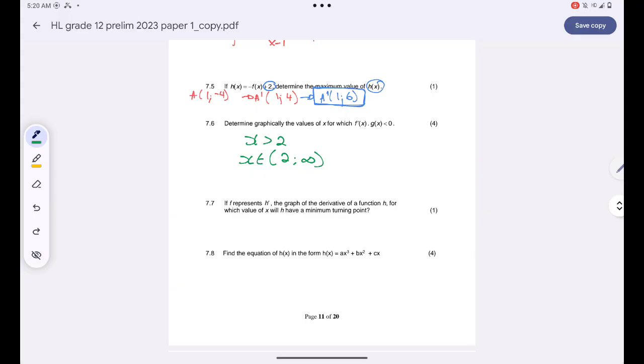Okay, and then now we are told that if f of x represents h prime of x, the graph of the derivative function of h, for which values of x will h have a minimum turning point.